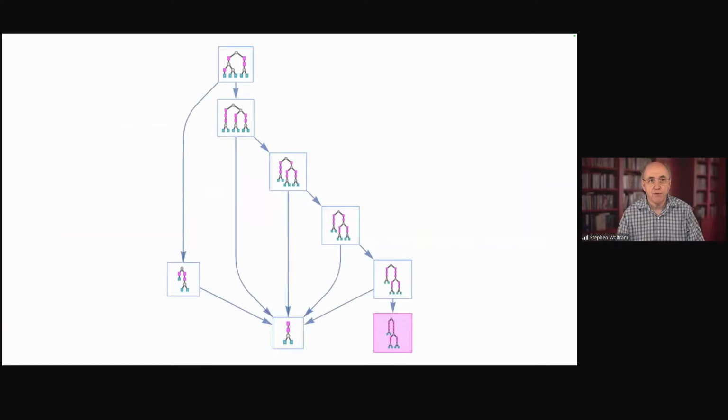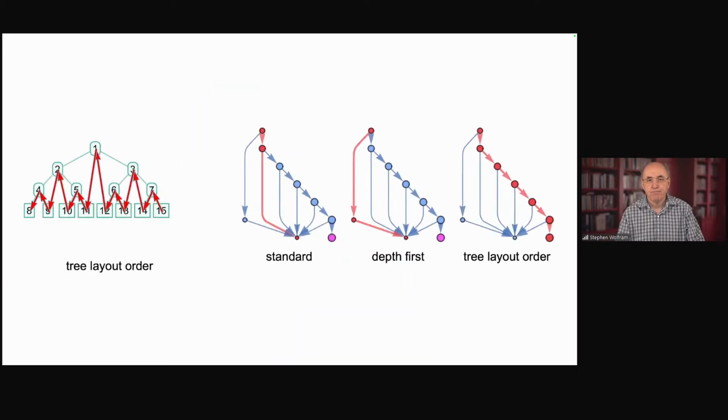So, for example, for this case here, almost all evaluation strategies lead to termination, except the particular strategy based on what one might call layout order, which is the one shown on the tree there.